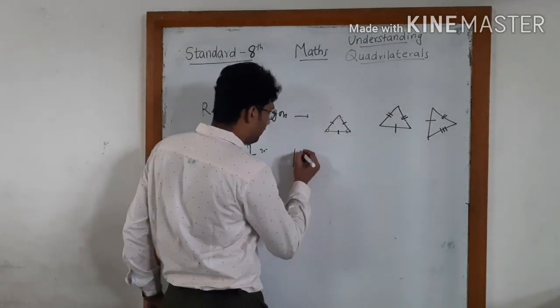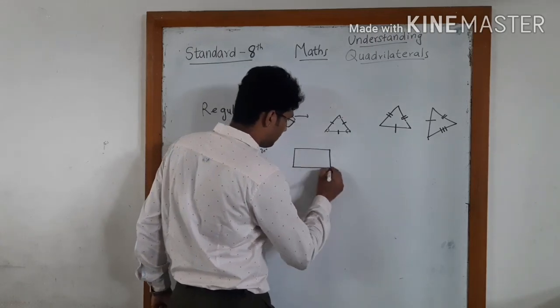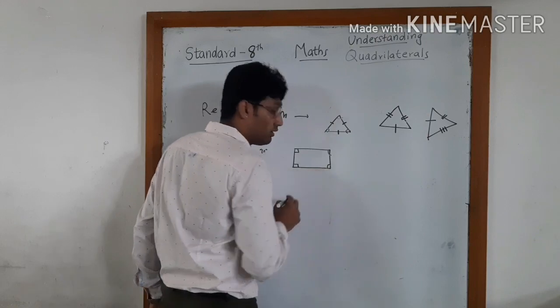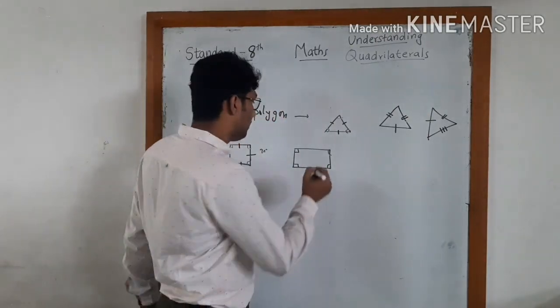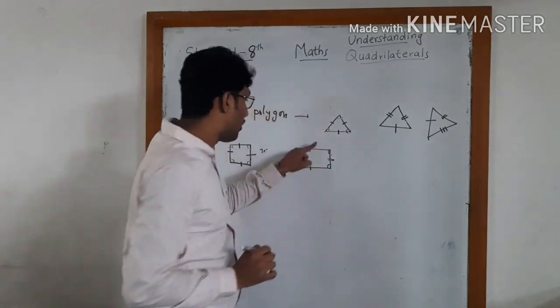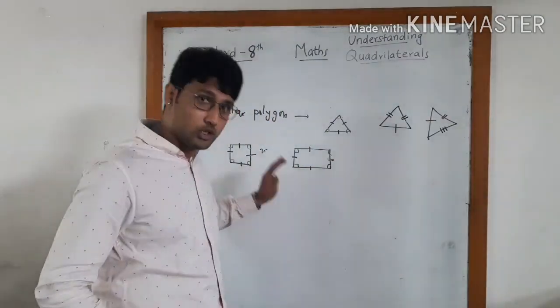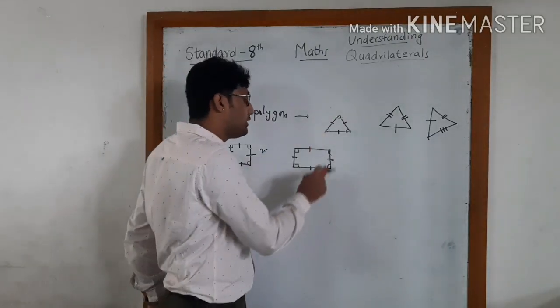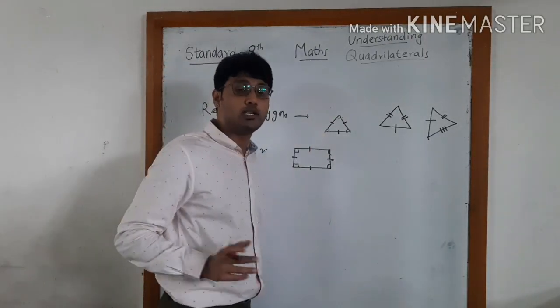What about a rectangle? A rectangle also has all the angles equal, but in a rectangle all the sides are not equal. So a rectangle is not a regular polygon because its opposite sides are equal, but all the sides are not equal.